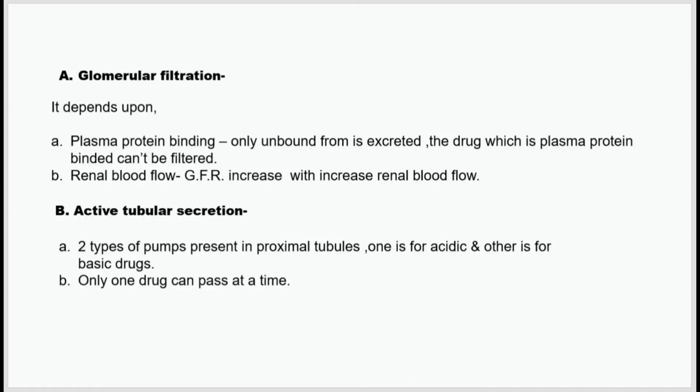A. It is a carrier-mediated process which requires energy for transportation of compounds against the concentration gradient. B. Only one drug can pass at a time. It means if two drugs are acidic in nature, the drug with higher affinity passes first. The rate of excretion is greater than the normal glomerular filtration rate, for example penicillin.